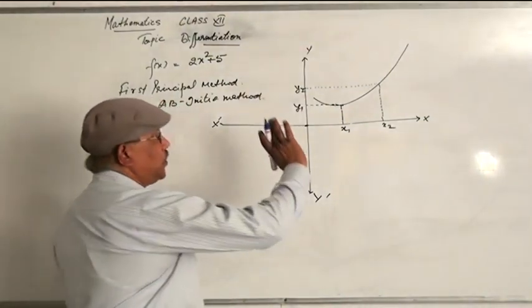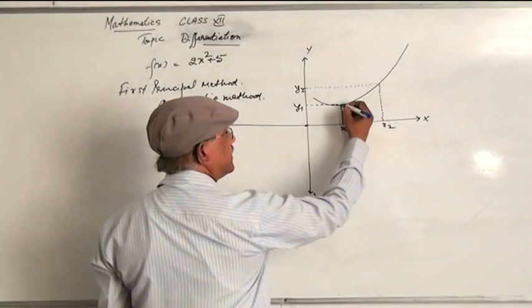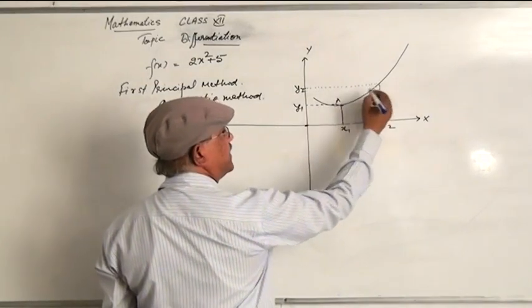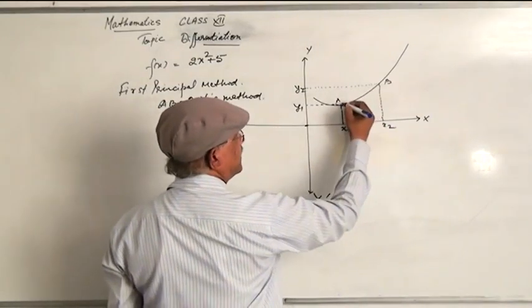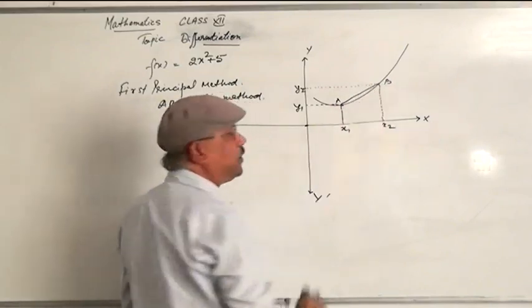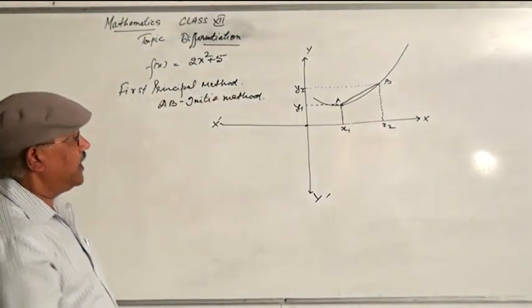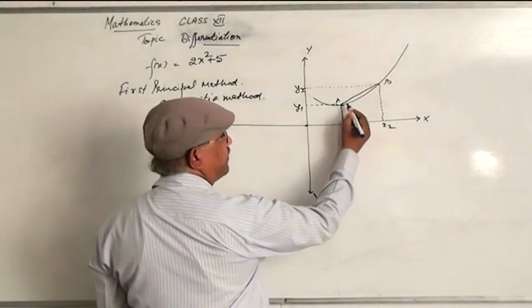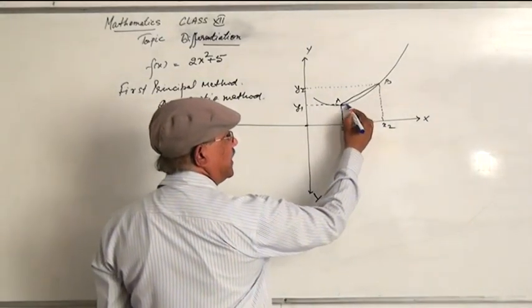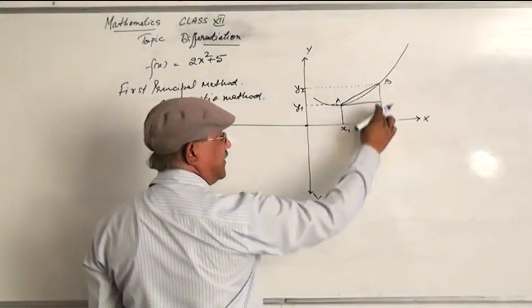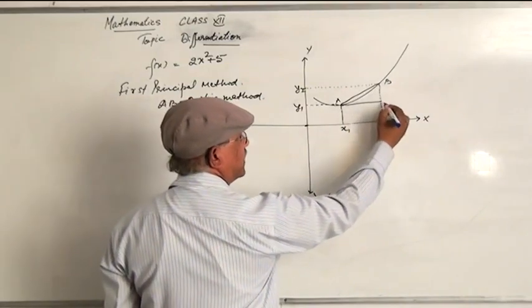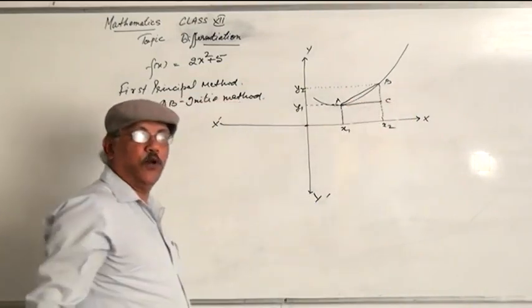Clear? Let this point be A and this point be B. If we join A to B, we will get a line. Again I draw a perpendicular from A to this line. Suppose this point is C.